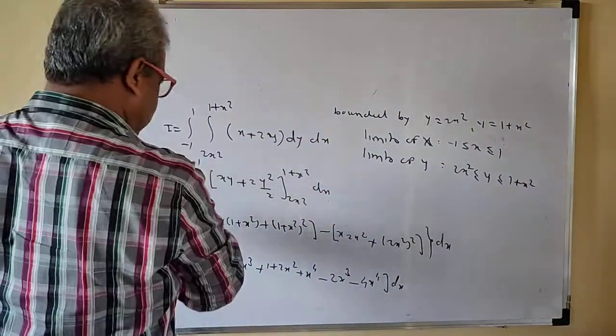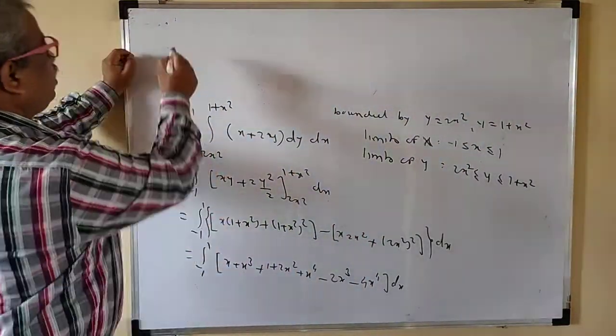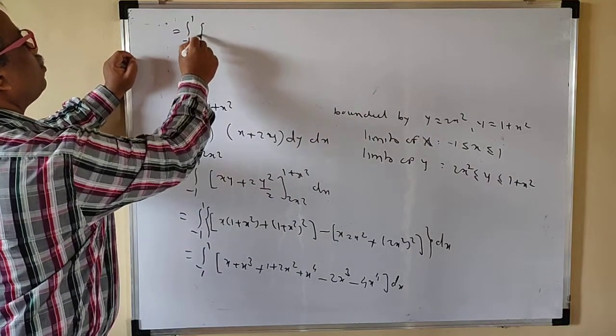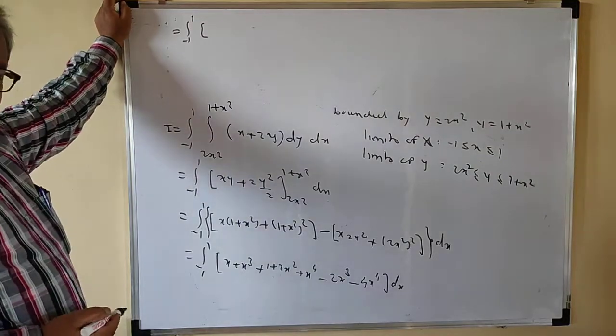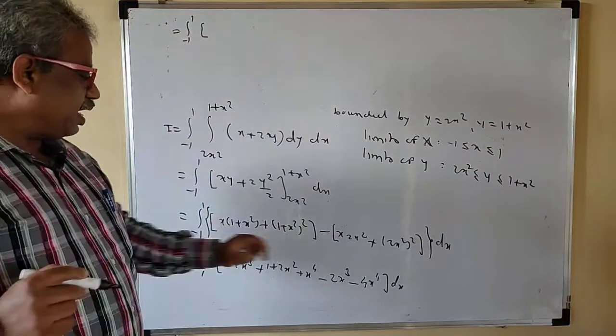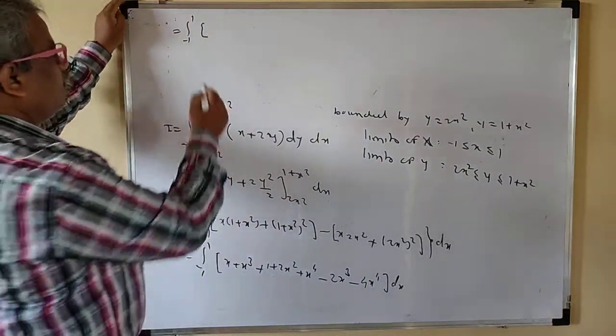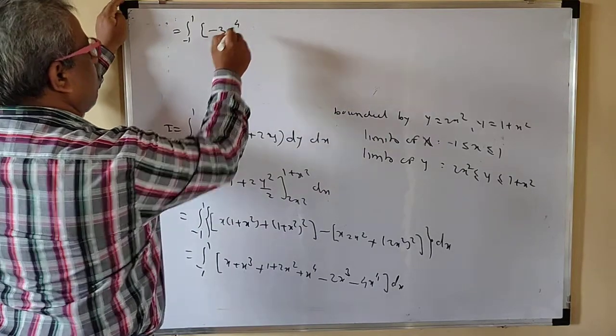First we will simplify this so that you can integrate it easily. We will collect the higher power. The higher power is x to the power 4 here, so that is minus 3x to the power 4.